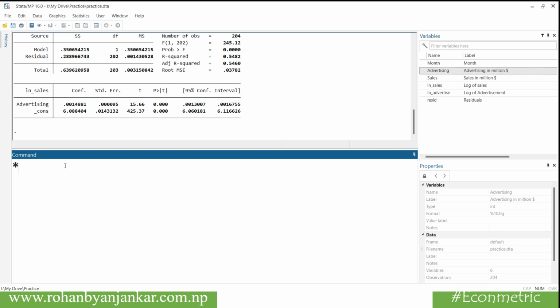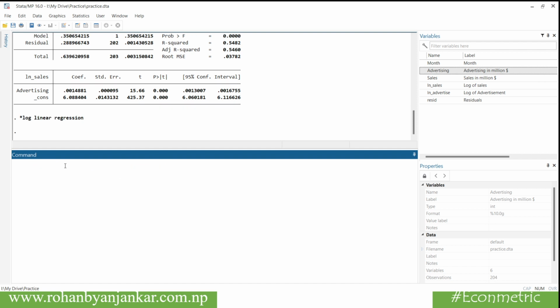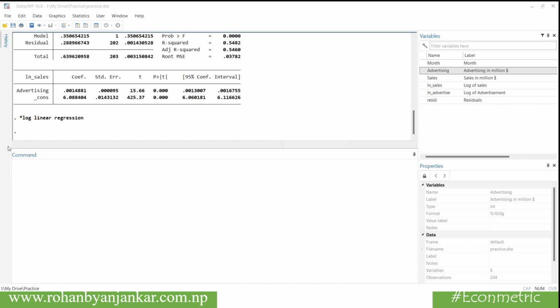Our regression is log linear regression. It means that the coefficient of the advertisement is not in percentage form, and we must change it to percentage.